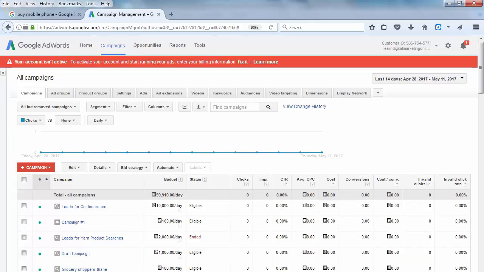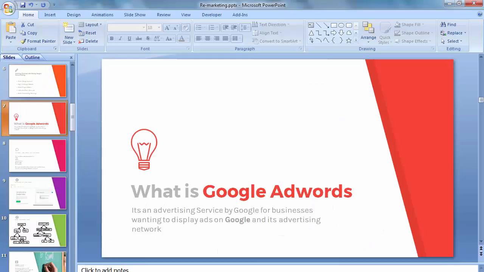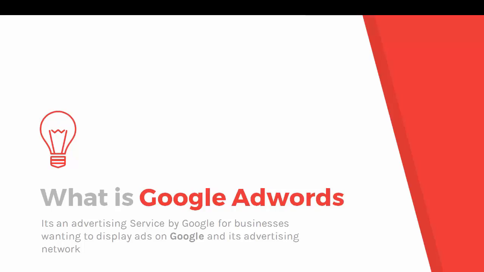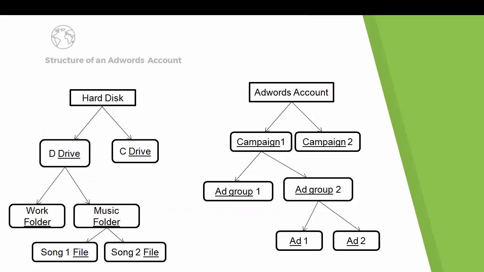To make this possible, there is a structure which has been created by AdWords, and if that structure is understood, we can manage our data and our ads very effectively. In this diagram, if you observe, there are two examples being given. One is the structure of an AdWords account, and the other diagram showcases the mechanism of how data is segregated and stored in our laptop, computer or desktop device.